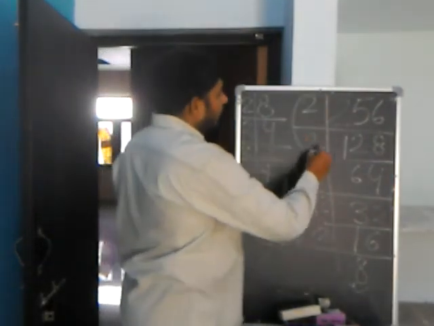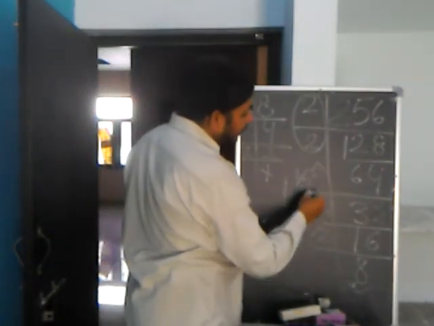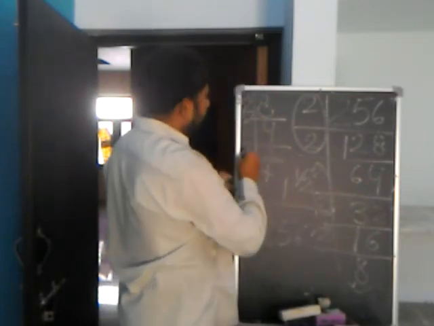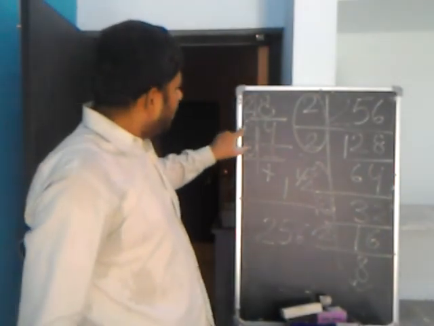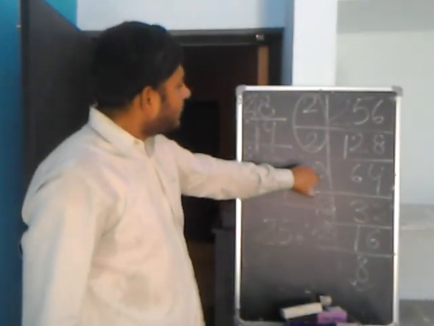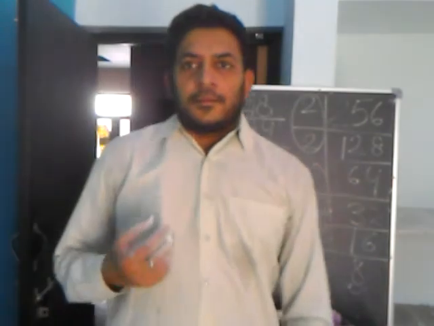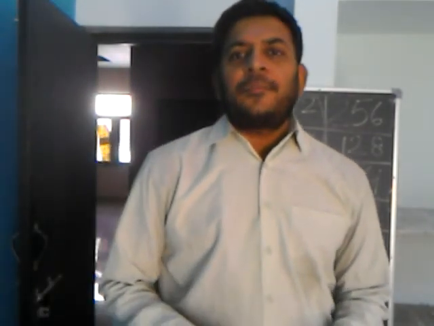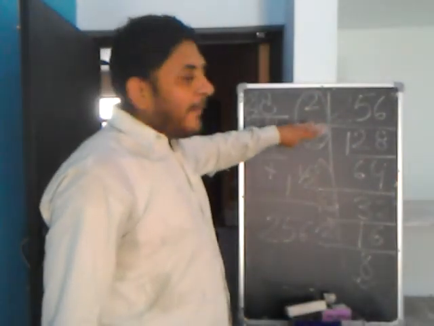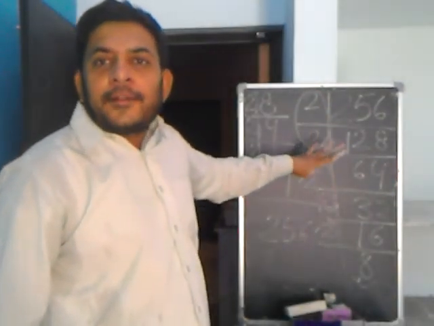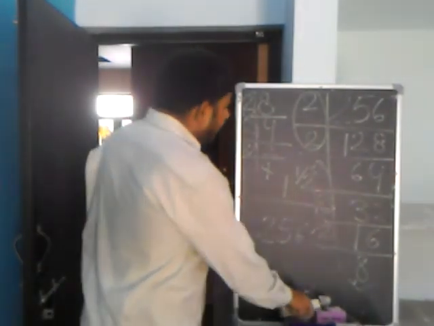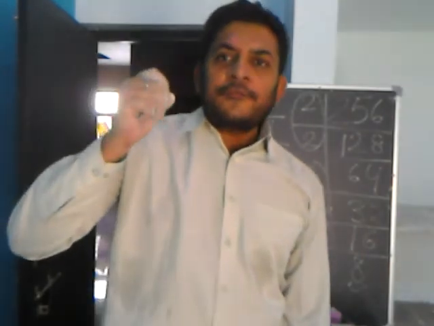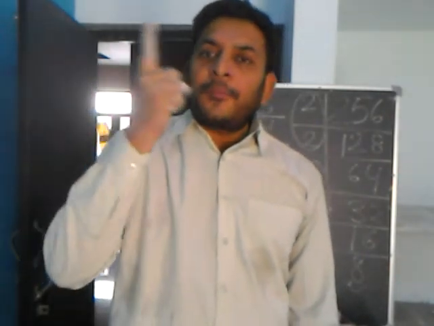I will make pairs of them. This is the method. What am I doing? I am making pairs of them. One pair, second pair, third pair, and fourth pair. This is the method we use when we are finding a square root by the prime factorization method. We make pairs of prime factors and then bring out one prime factor from each pair.